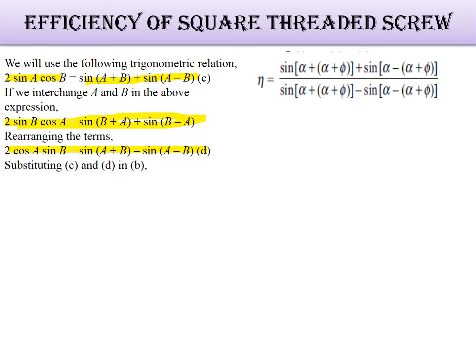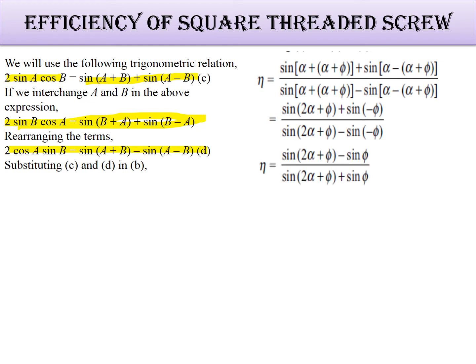Same thing here. So we get the term in this way. Now alpha plus alpha will become 2 times alpha. Here alpha gets cancelled. Then here also the same thing, alpha gets cancelled. Minus of phi is there. After opening the bracket, this sign will become minus. That's why it is minus shown here.